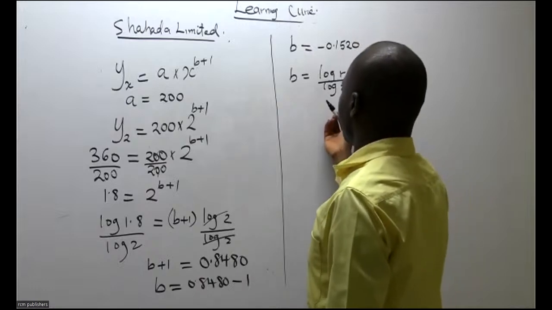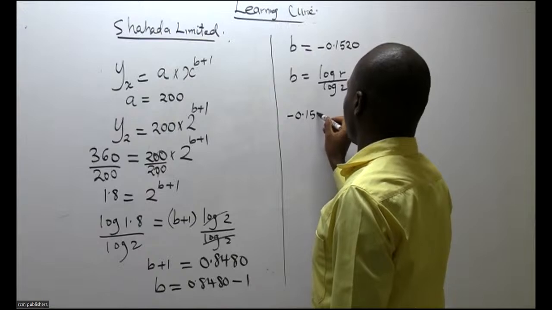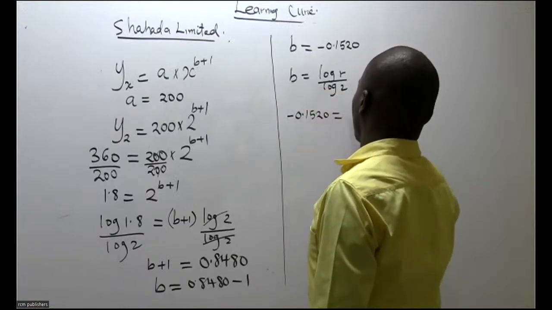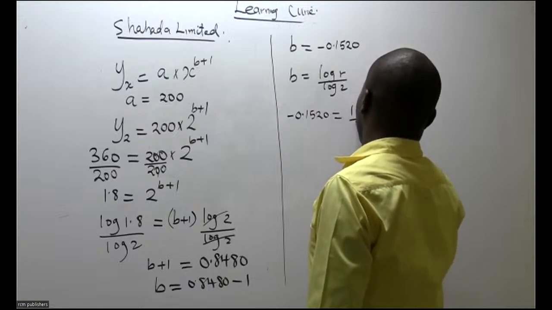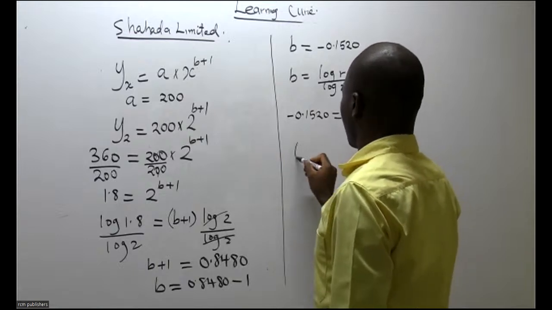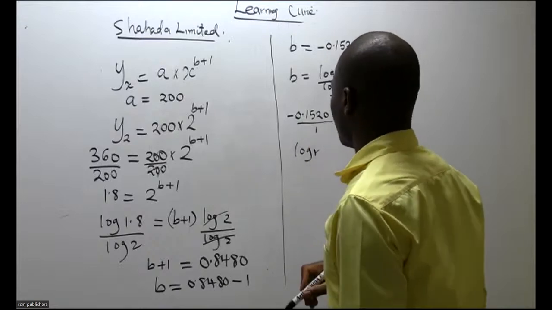So come and do a very simple thing here. Negative 0.1520, that is B, is equal to log R divided by log 2. This R is unknown, so you cross multiply.